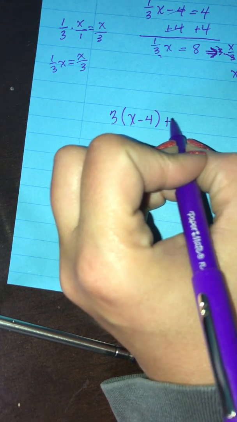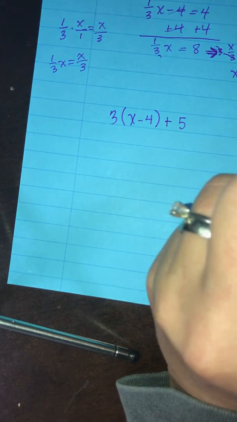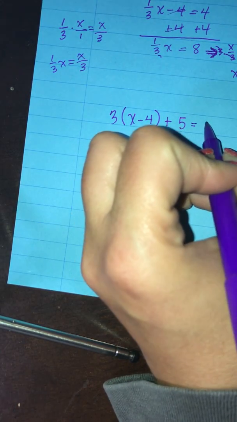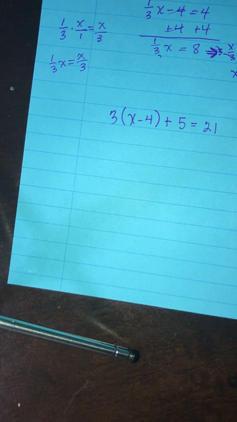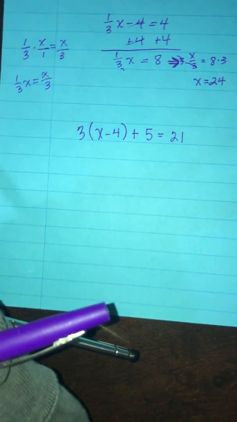Okay, let's do that. All right, so let's look at this. We've got 3 times the quantity of x minus 4, plus 5, equals 21.